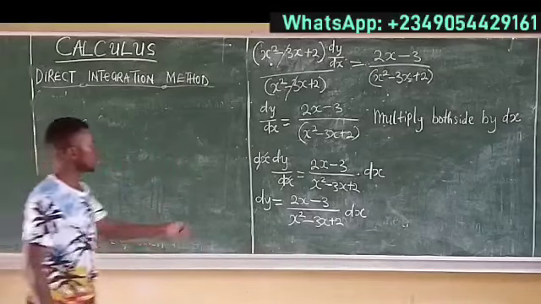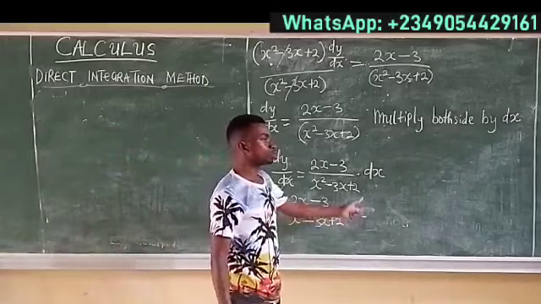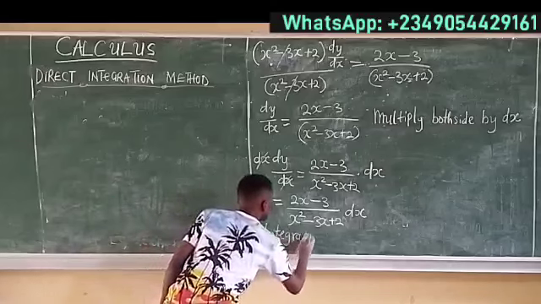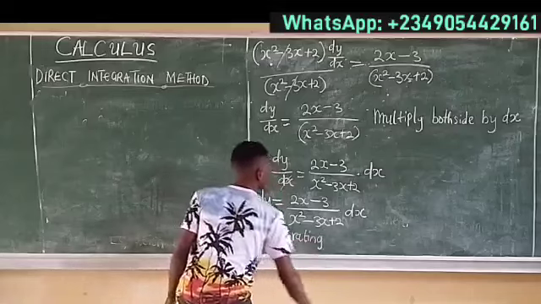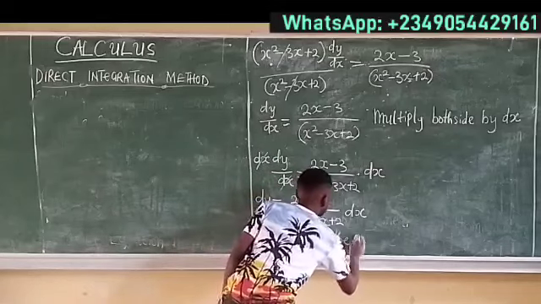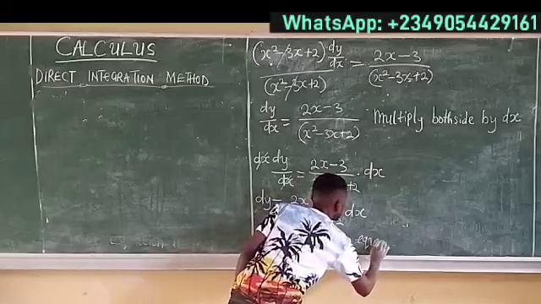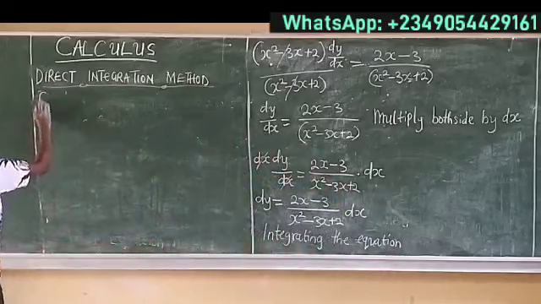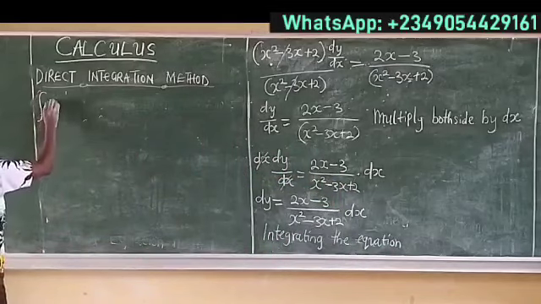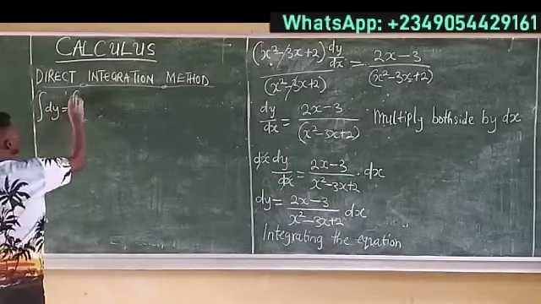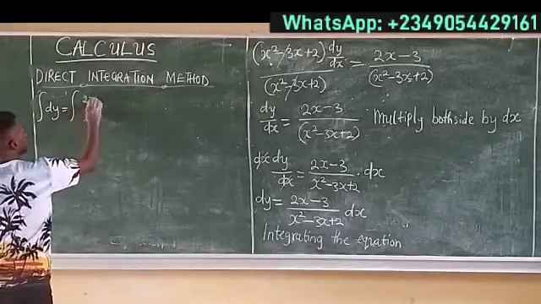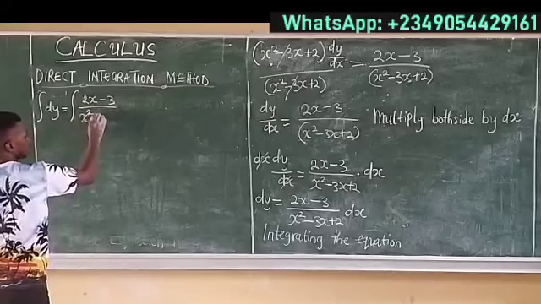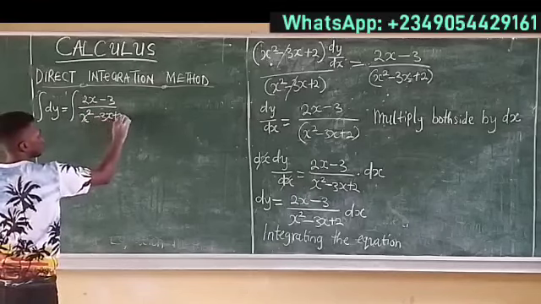Okay, let's integrate through this equation. Integrating through, we have integral dy equals integral of 2x minus 3 all over x squared minus 3x plus 2 dx.